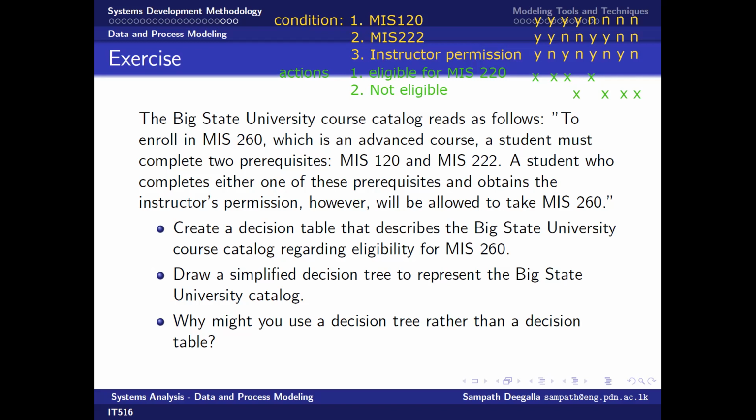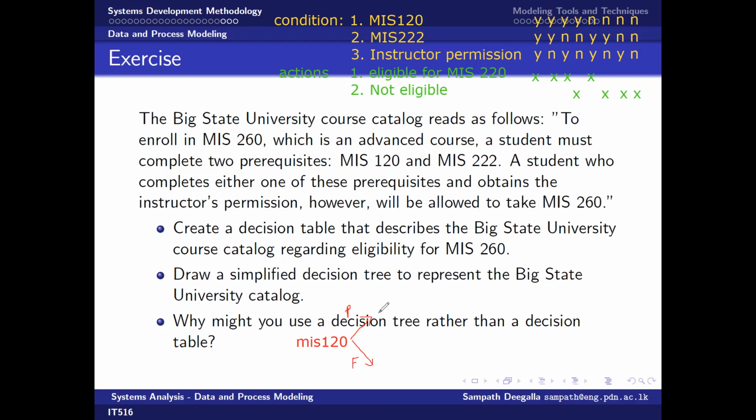So for example, you can say something like, starting point passing. Let's say MIS 120. You will have 2 directions, pass and fail. You can say pass here, fail here.